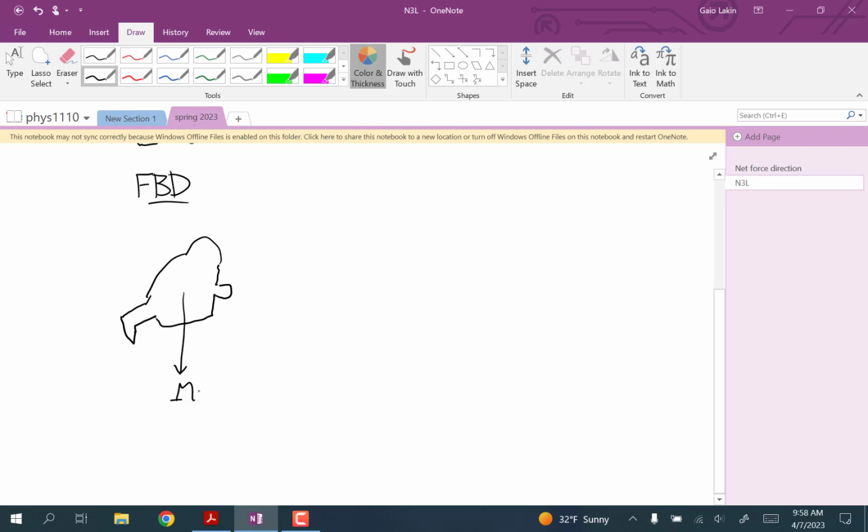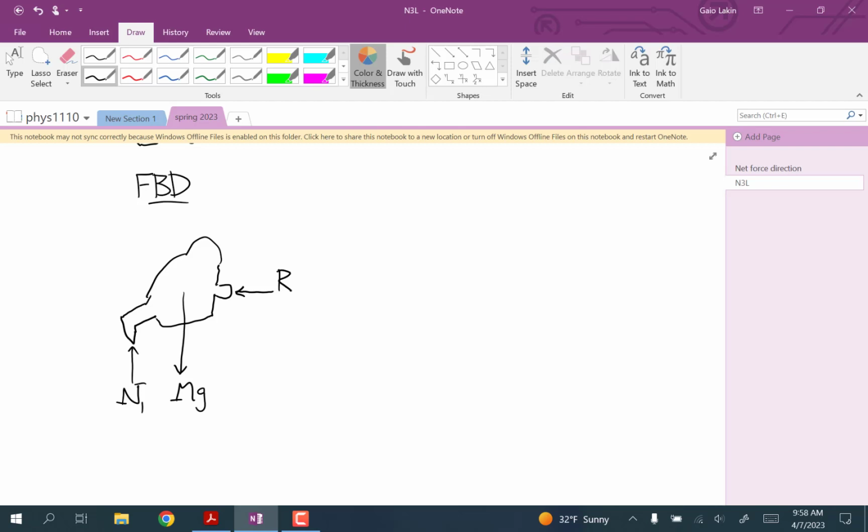Let's say the player has a mass of big M, so there's going to be a weight force like that. And there's going to be a normal force. I'm going to ignore any kind of friction stuff going on, so we're going to think of both of these two forces as vertical. And then there's going to be one horizontal force. That's the contact force. So this is the force R that's applied to the big player by the small player.